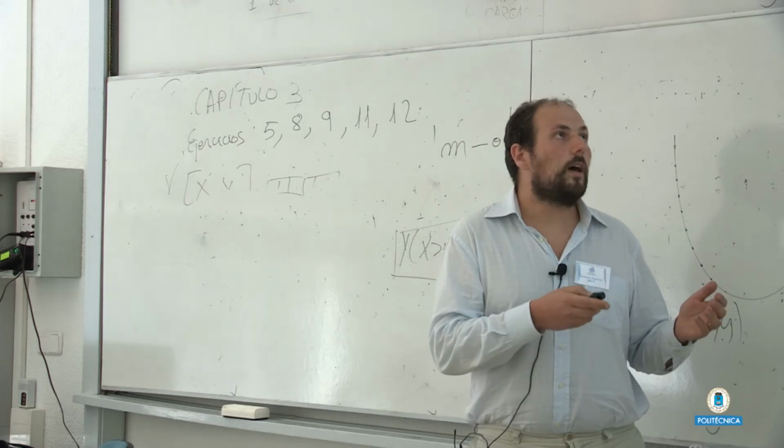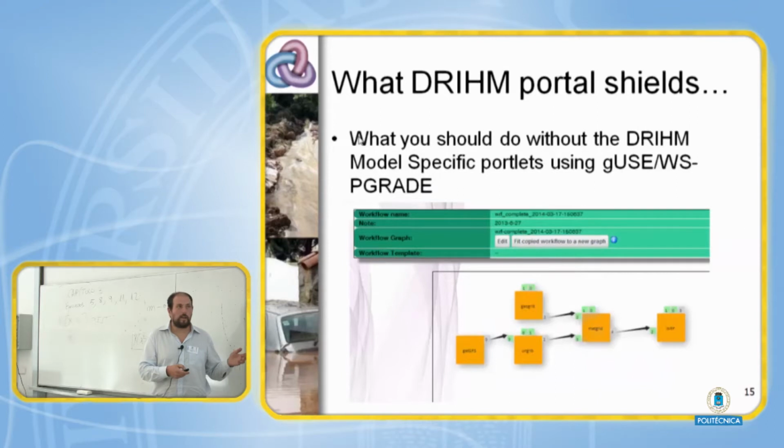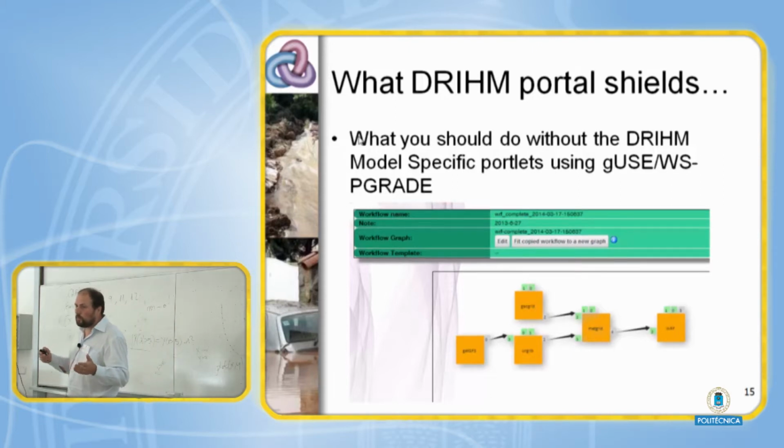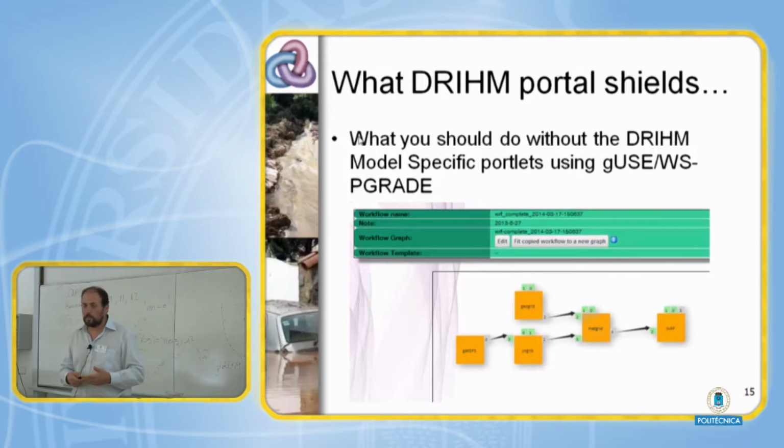So essentially, instead of keeping this interface that is very general, with which we can produce a workflow composed of up to hundreds of nodes with an arbitrary set of input and output ports, but really complicated to use, we prefer to put a layer on top of the gUse presentation layer that is customized for our community.